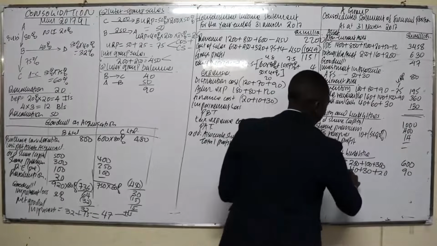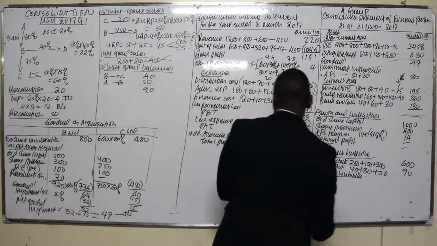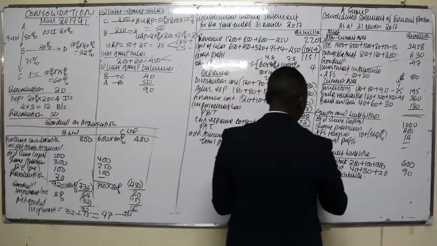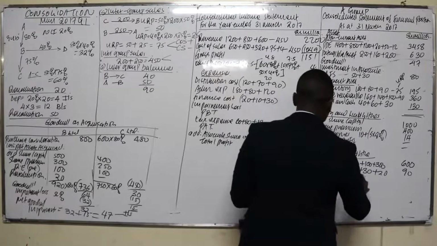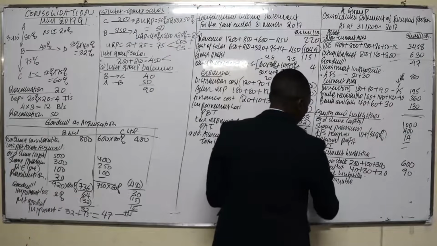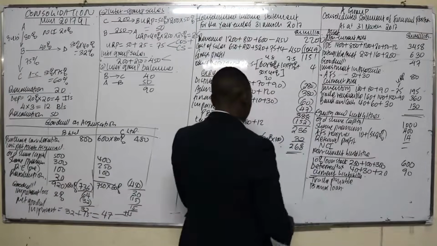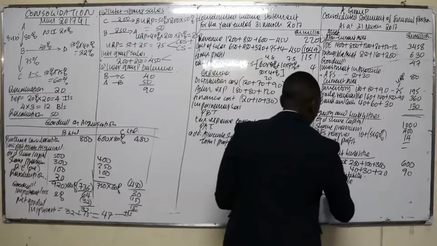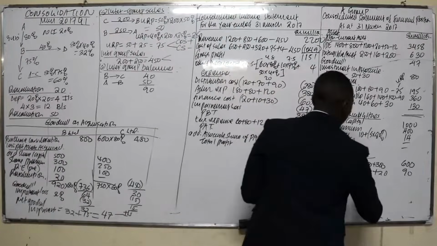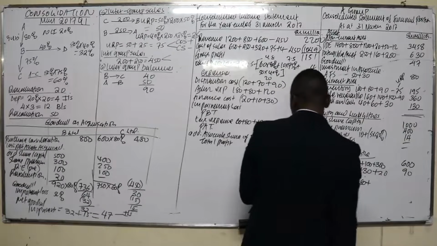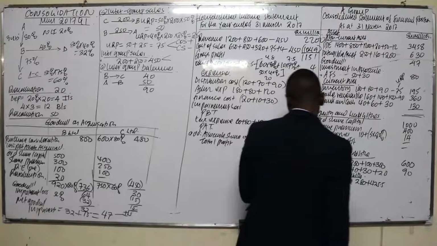And then we have current liability. For the current liabilities, you have trade payables. We also have bank loan. And then we have the current tax. So for trade payable, we have 280. We have 425.5.